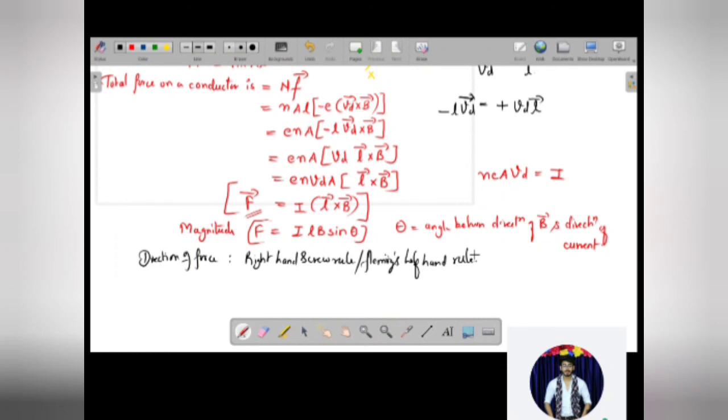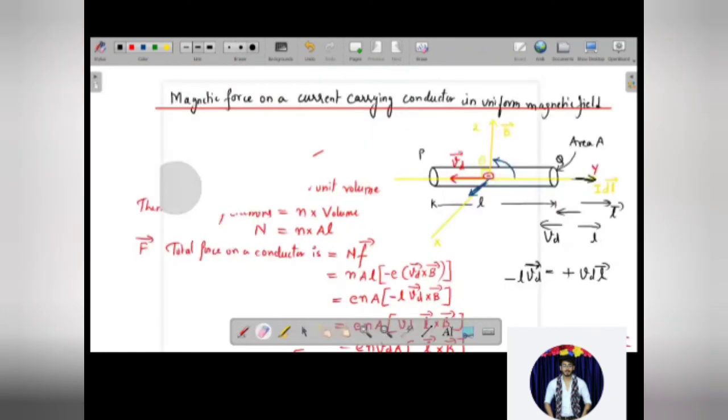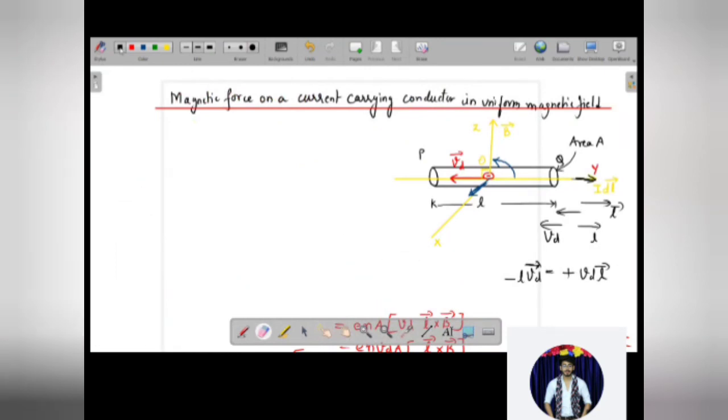Now let us look at a few special cases. We'll refer to the figure for this. Case number one: if theta is equal to 0 or 180. I'll write down the expression over here. F is equal to I L cross B, that is given by I L B sine of theta also.